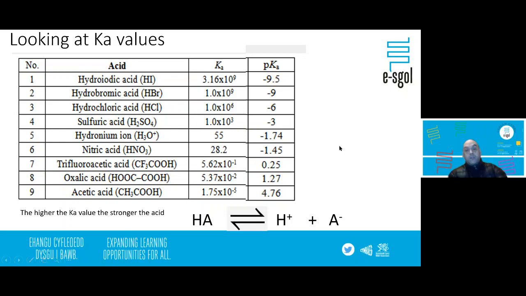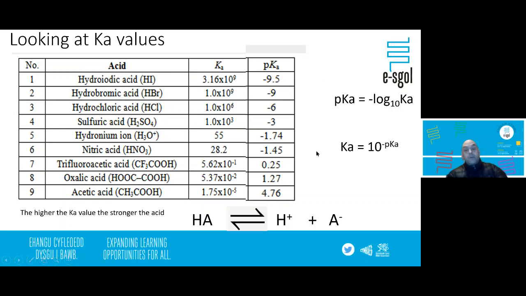It means minus log base 10. So pH is minus log base 10 of the H plus concentration, and pKa is minus log base 10 of the Ka value. And it's just compressed the value so we can get a better idea about what's going on. And the one thing to be aware of with pKa values is that the more negative the pKa value, the stronger the acid.